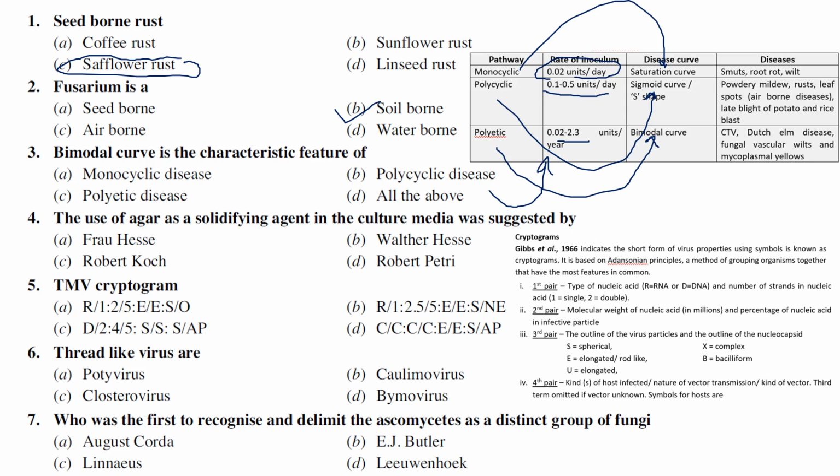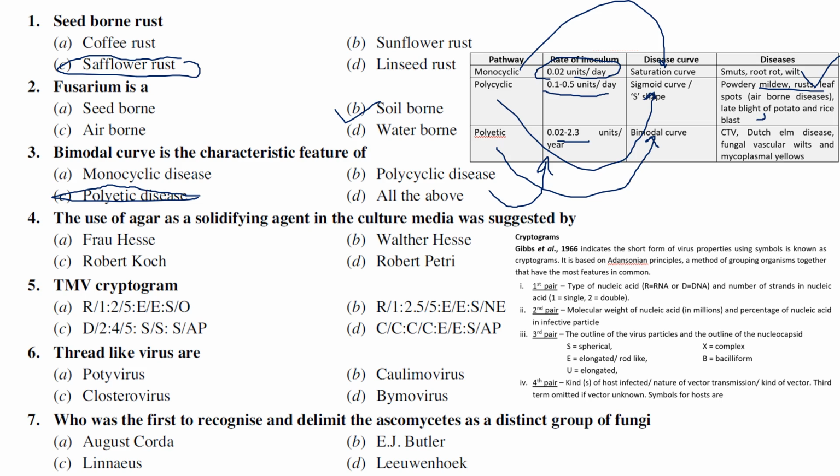So these are all the examples. What they asked is, a bimodal curve is produced by. A bimodal curve is actually produced by polyetic diseases. Examples are also given here. Monocyclic disease examples are smut, root rot, wilt kind of diseases. When it comes to polycyclic diseases, powdery mildew, rust, leaf spots, especially airborne diseases, and late blight of potato, rice blast.